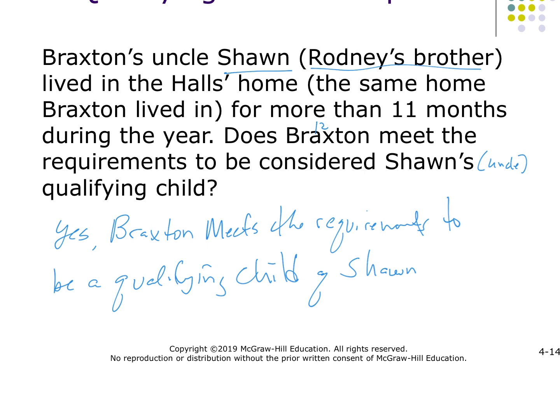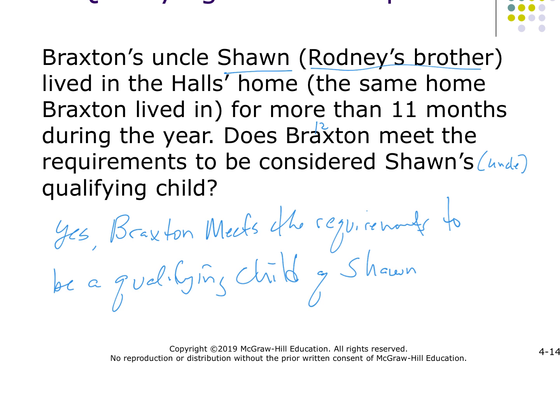Well, if something happened to Rodney and Anita, Braxton's parents, and he was just living with his uncle, he could be a qualifying child of his uncle. He would qualify as that.